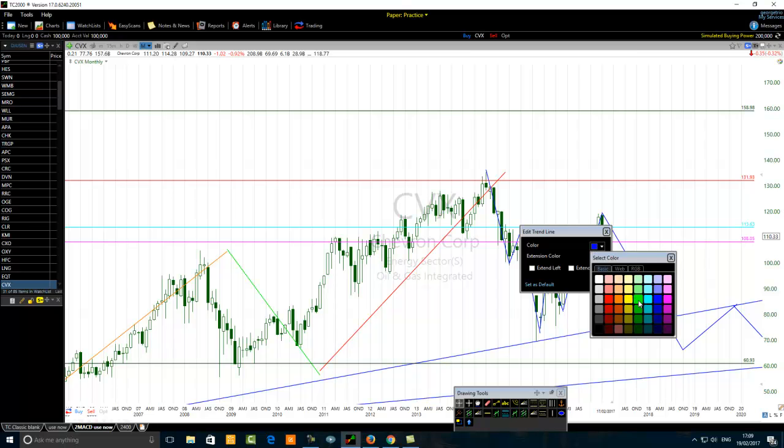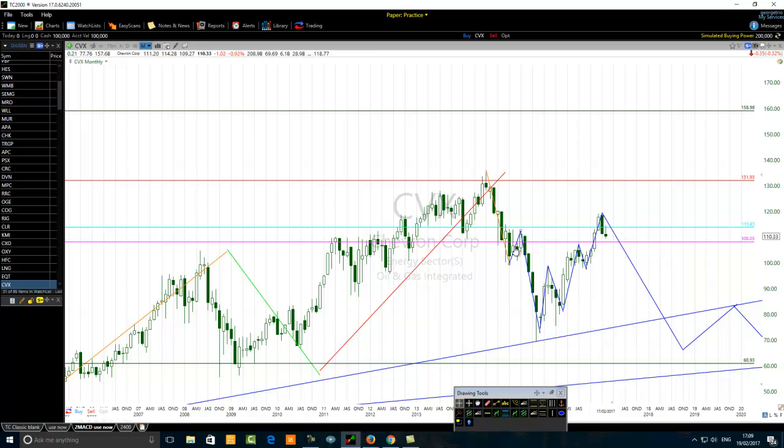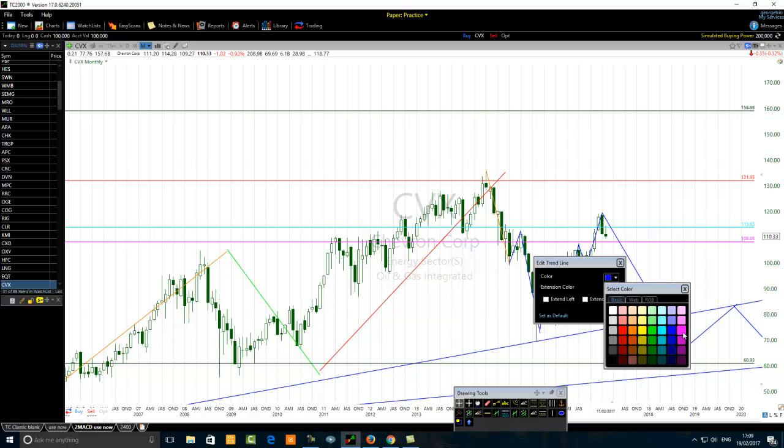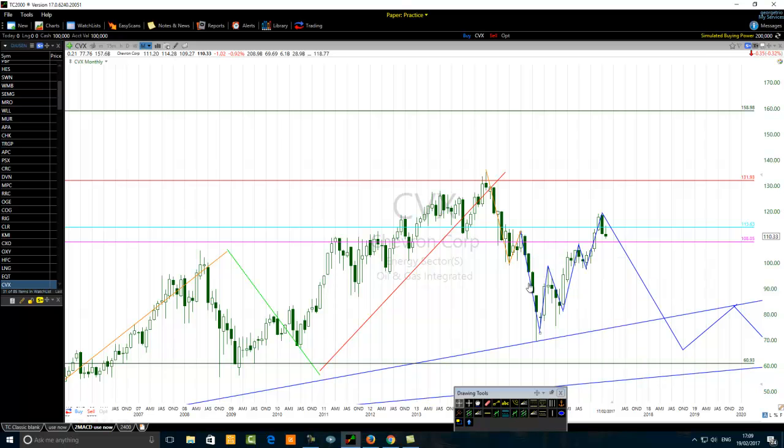Okay. So now which color should I use? Blue? No, blue. Okay, I'll use orange. So 1, 2, 3 after the fifth wave, orange. Here we are, 1, 2, 3.